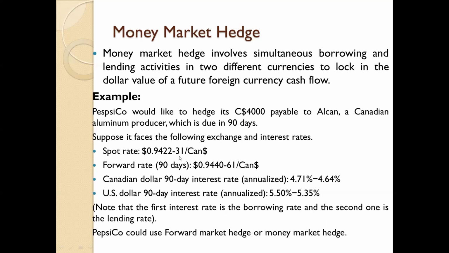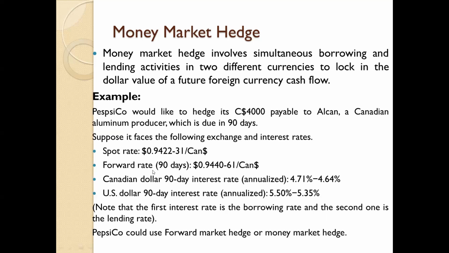Now you have this particular information. You have the spot rates between the Canadian dollar and the US dollar, with a bid rate and an ask rate. Now you know how to calculate and write bid and ask rates if you get this sort of exchange rate quotation.